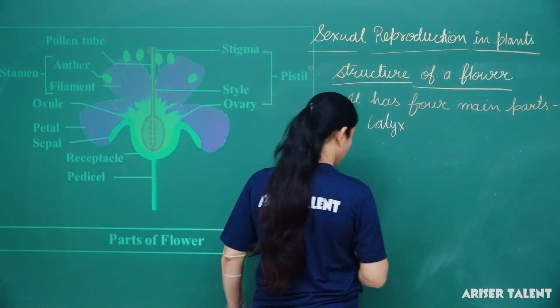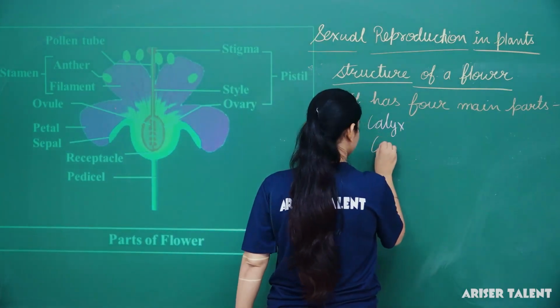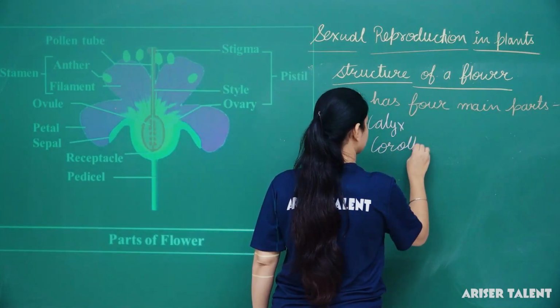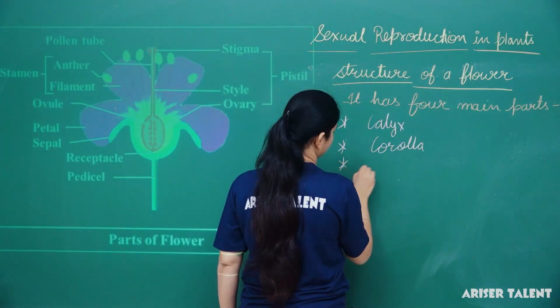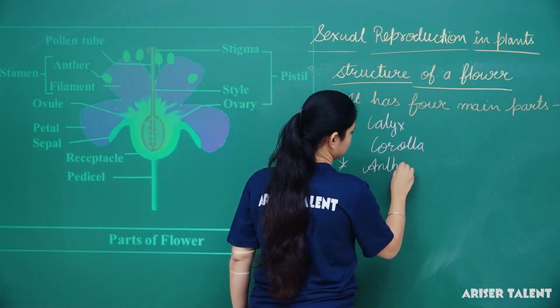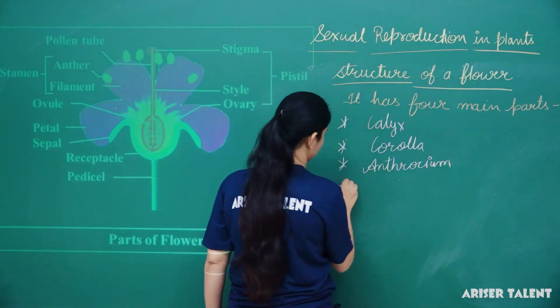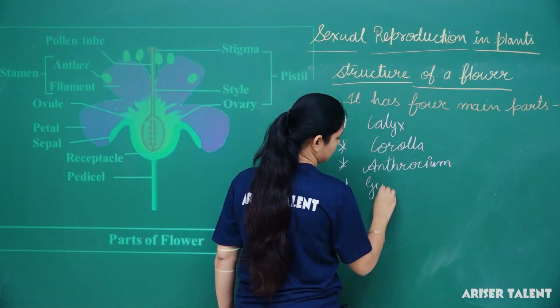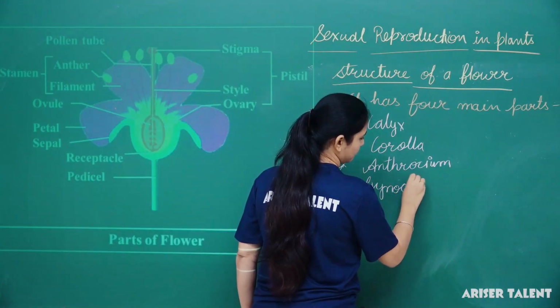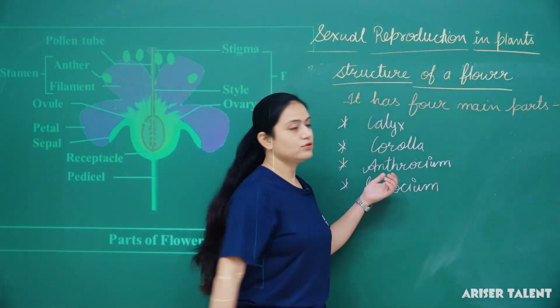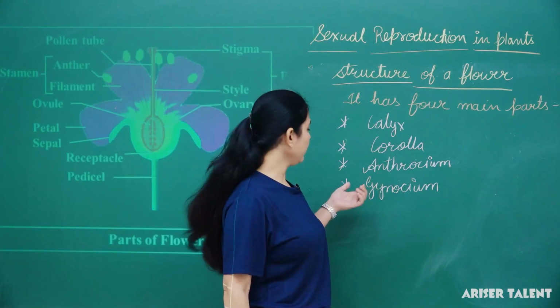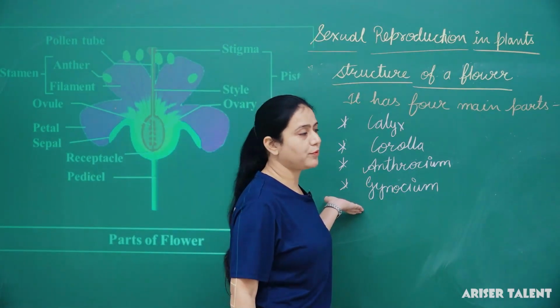Number 2, corolla. Number 3, Androecium, and Gynoecium. Androecium means male reproductive organ and Gynoecium means female reproductive organ.